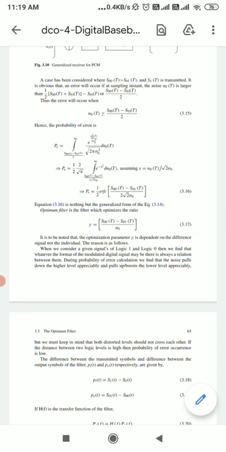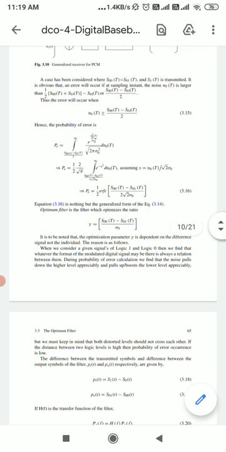So if we take N0(t) as a random variable, we can write its probability density function, PDF of N(t), and it will be greater than (S01(t) minus S02(t)) upon 2. So it will be detected in error when S2(t) is transmitted.